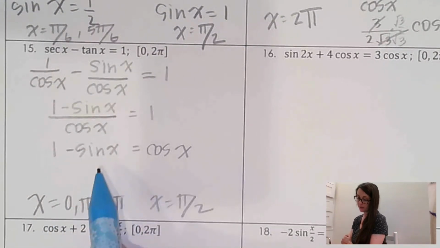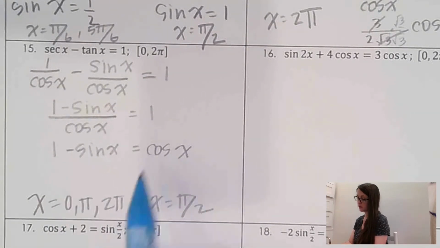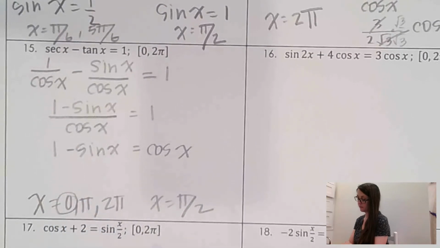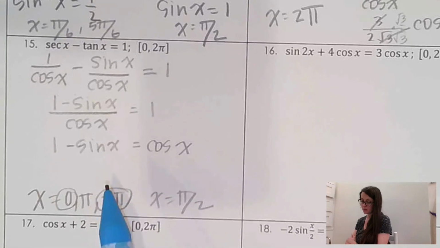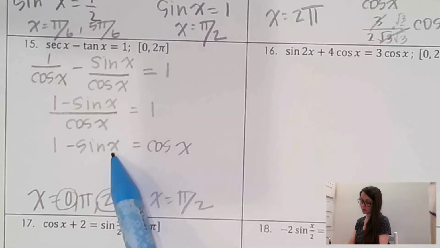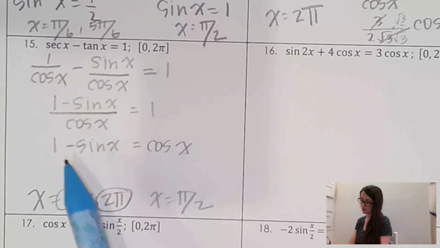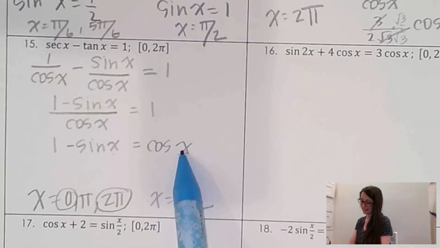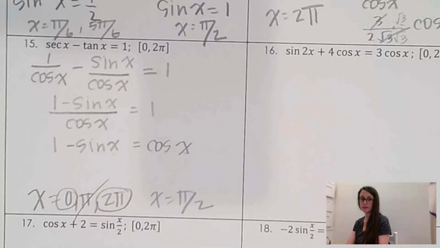Sine of 0 is equal to 0. Cosine of 0 is equal to 1. So that is an okay answer. That would mean that 2 pi is also an okay answer. Sine of pi is equal to 0. Cosine of pi is equal to -1. So that's not going to be a solution. So pi is not going to be a solution.